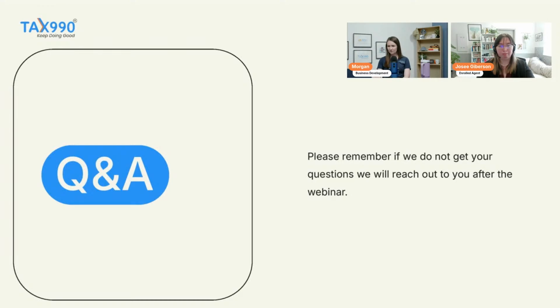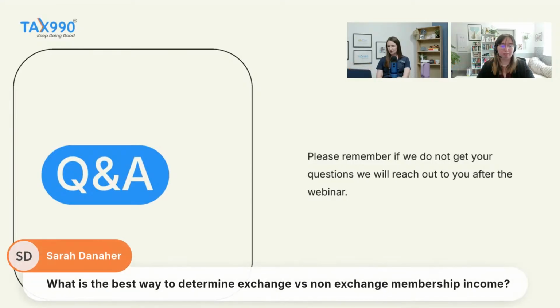Okay. All right. We have one from Sarah. What is the best way to determine exchange versus non-exchange membership income? So I want to make sure I'm understanding what you mean by that.